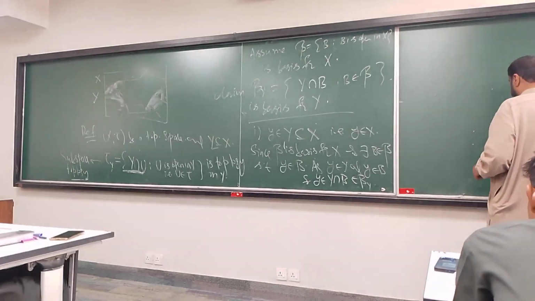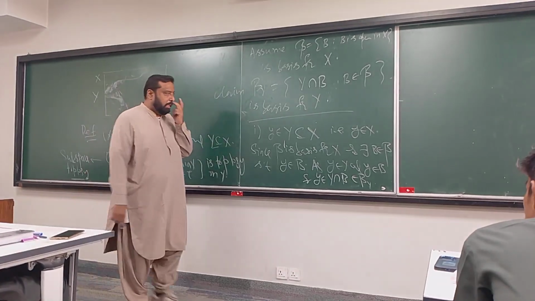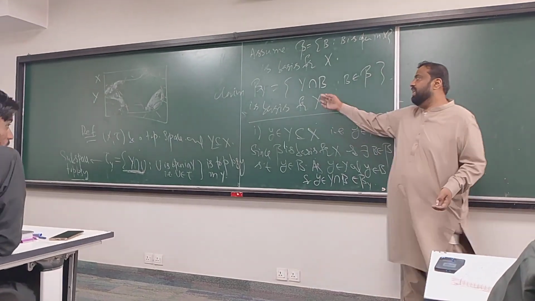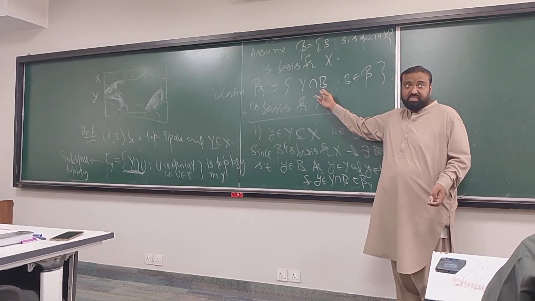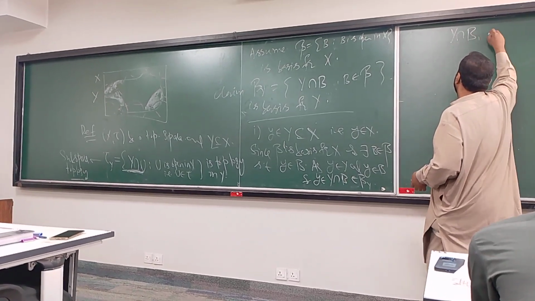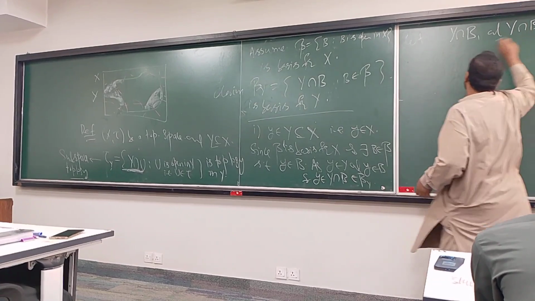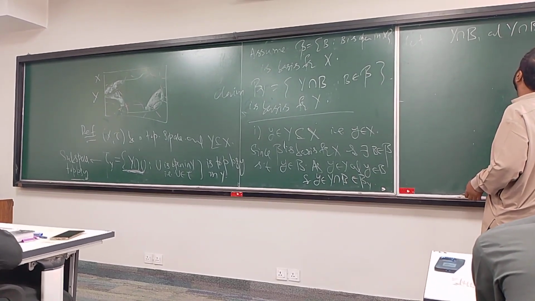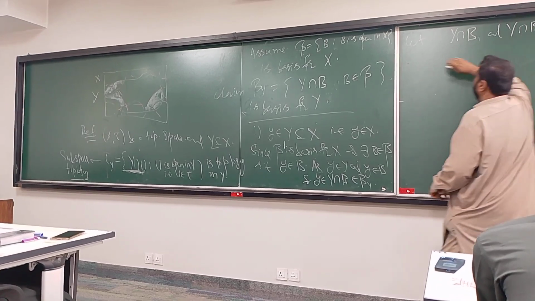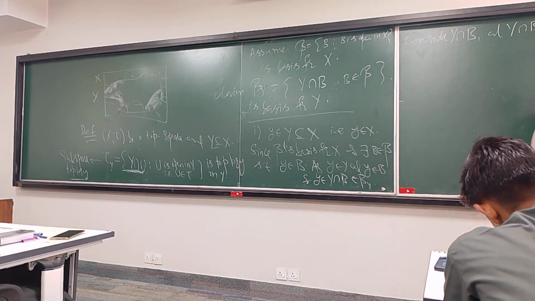What is the next thing we should do in the second problem? We will take two basis elements of this shape. Let's take Y intersection B1 and Y intersection B2. Consider these two from the basis.